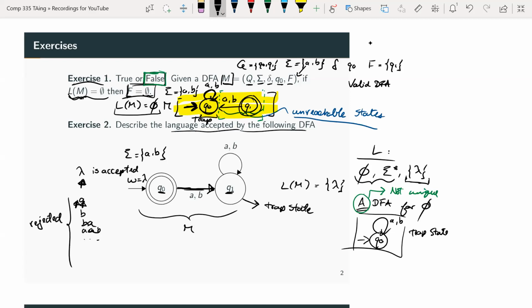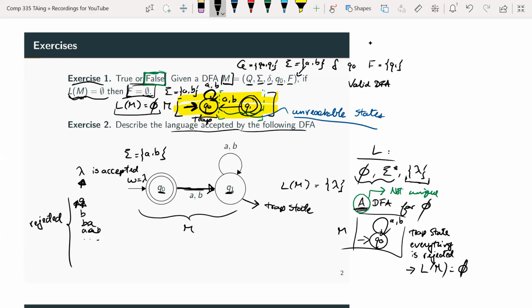So you enter your machine, and for any input you get, you enter the black hole, the trap state. So everything is rejected, meaning any possible string. That implies that the language accepted by M, if this is M, is the empty set.